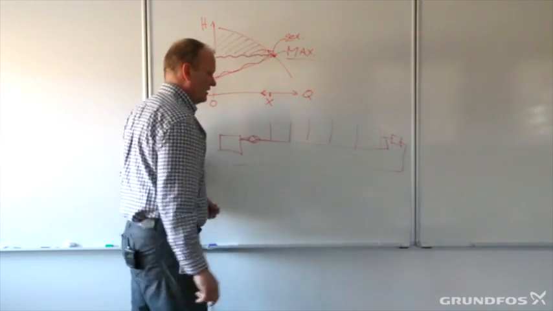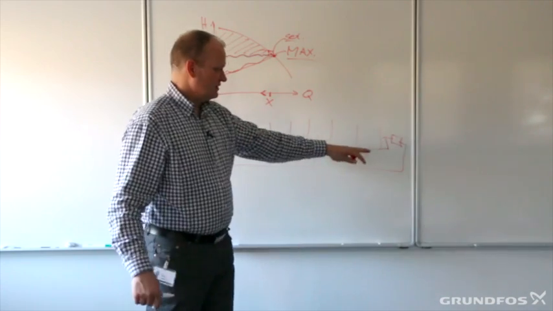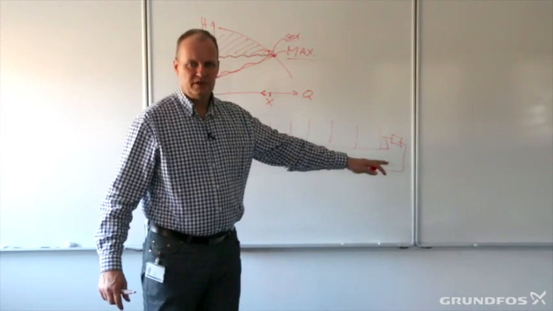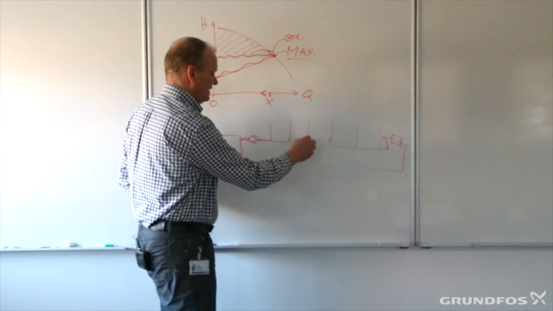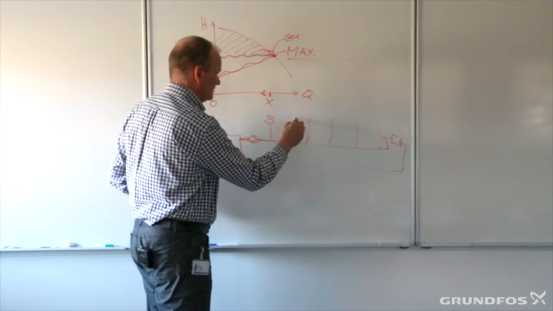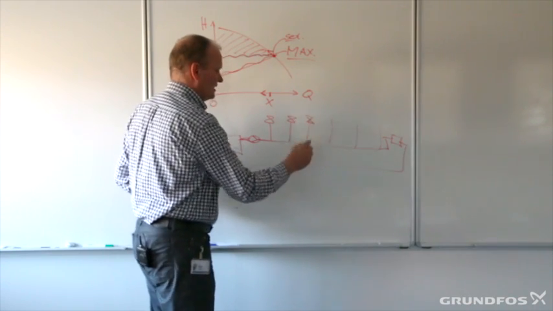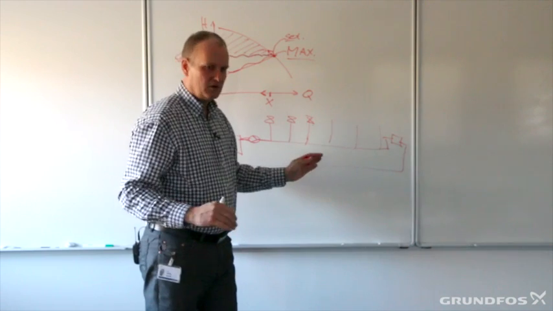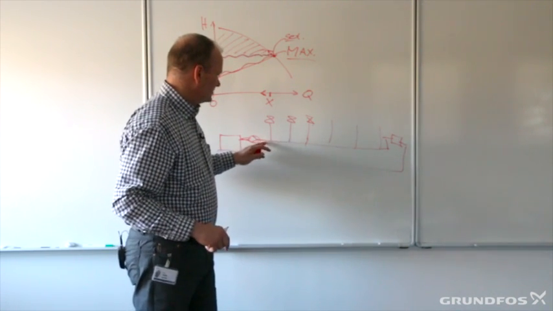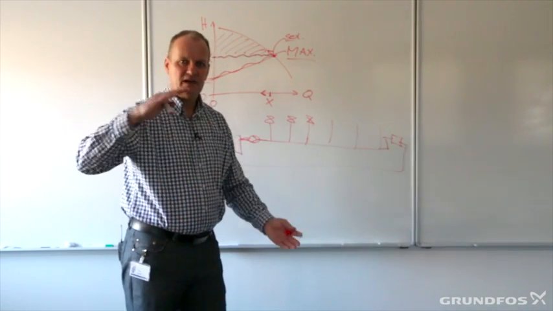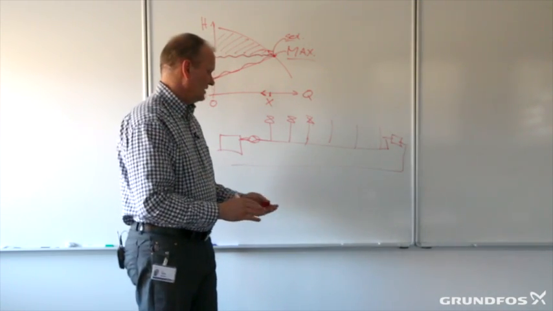There might be several meters out to the last consumer here. So that means that depending on how all of these different consumers here are consuming more or less water, the pressure loss in the main pipe here can be high or low.